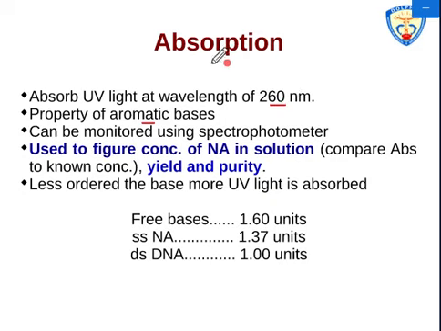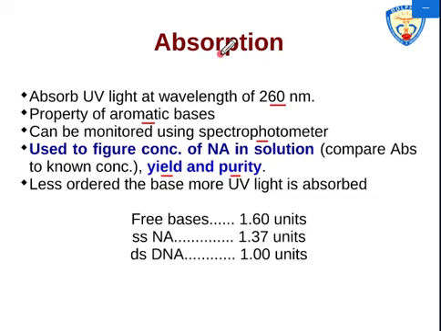Now this property of absorption can be monitored using a spectrophotometer, and it can be used to figure out the concentration of nucleic acid in solution. It can be used to figure out the yield of nucleic acid in solution, and it is also used to figure out the purity of a nucleic acid.